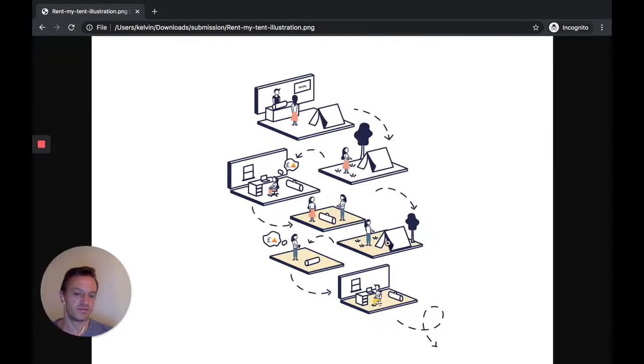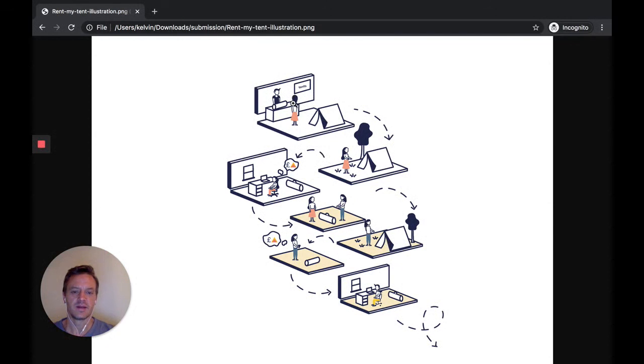Now that could be 7 days, 14 days, and obviously this person could keep the tent longer than that, but they would be the custodian of it. And whilst they're the custodian of that tent, it's automatically listed on the marketplace so that other people could hire it. So they remain the custodian of that tent until the moment when the next person comes along to rent it.